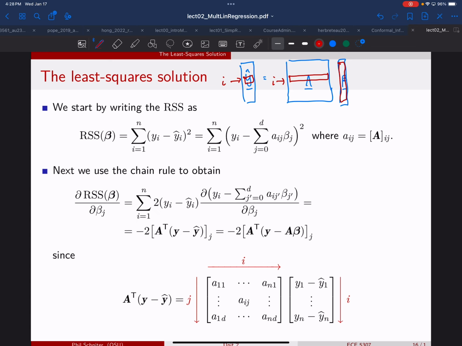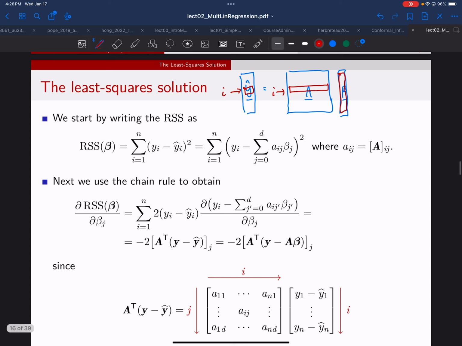And if I want to write this inner product, this times this, in terms of a summation, that would be this. So what I'm doing here is I'm using j to index across those columns, as well as using j to index down beta. And so I get exactly this for this element.